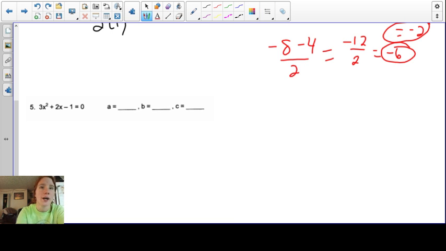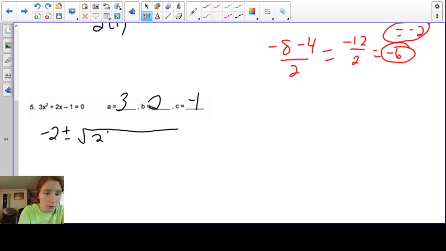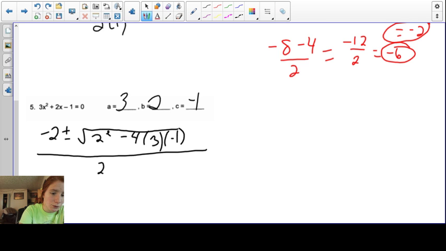Okay. So I have my A is 3. My B is 2. My C is negative 1. So I have negative 2 plus or minus the square root of 2 squared minus 4 times 3 times negative 1 all over 2 times 3.